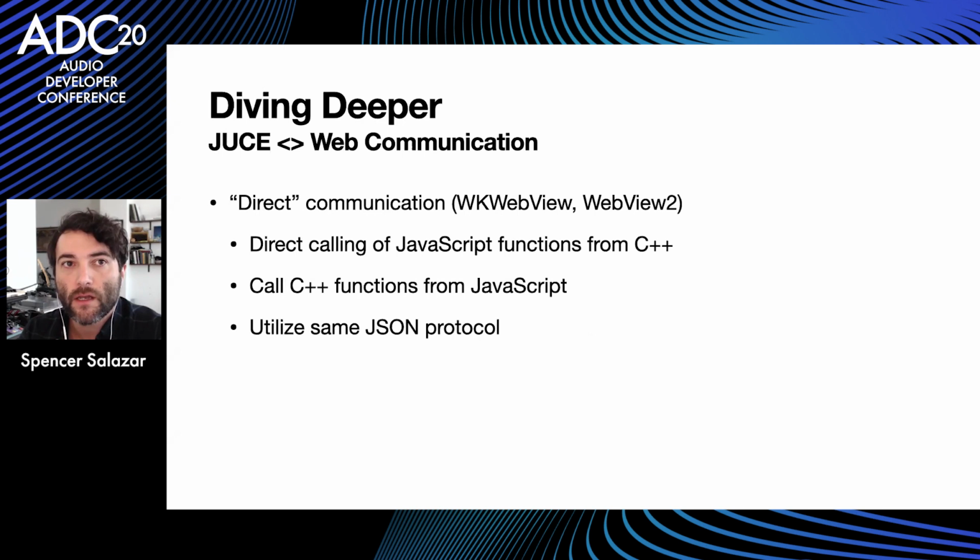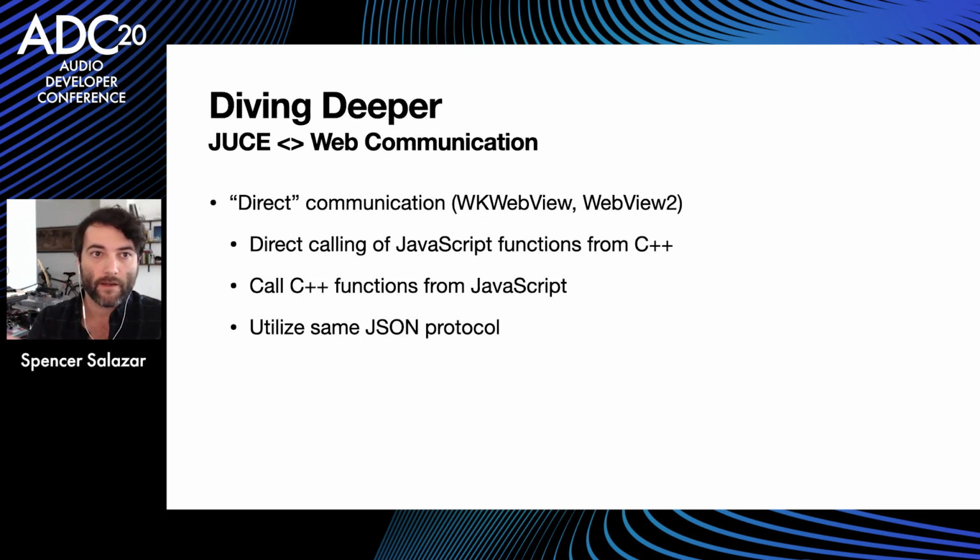We eventually decided to use something that we call direct communication between Juce and web, which amounts to being able to directly call functions in C++ from JavaScript and call JavaScript functions from C++. This was a huge advantage of WK WebView as well as WebView 2, because they both enable you to do this pretty naturally, so that in the Juce world, we can say, okay, do this thing, or show this screen or whatever.